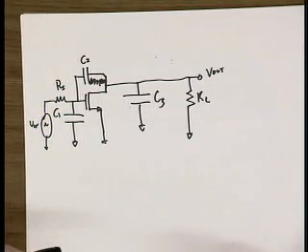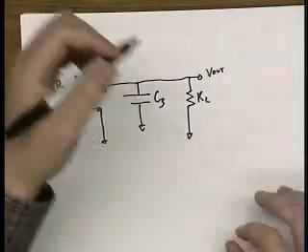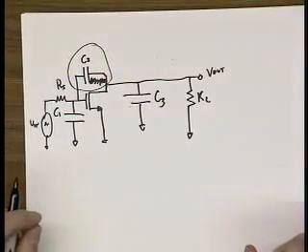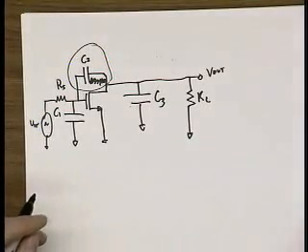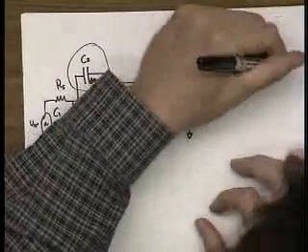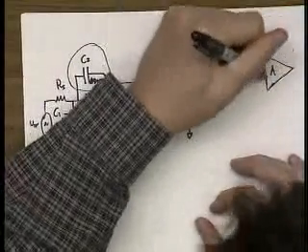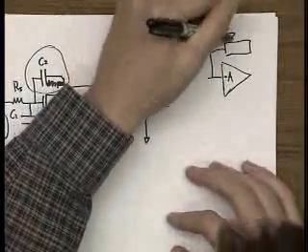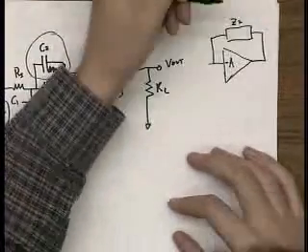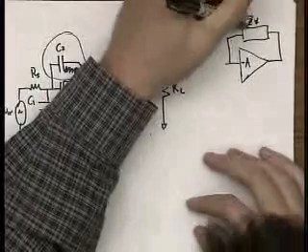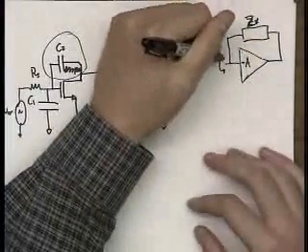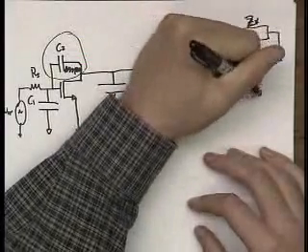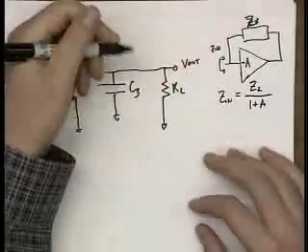What Professor Broderson showed is that if you have an amplifier, this device does a couple of things. The first thing is that the capacitance gets Millerized. In general, if you have an amplifier with a gain of negative A, and you have some general impedance Z2 across it, from input to output, then Zin is equal to Z2 over 1 plus A, right?